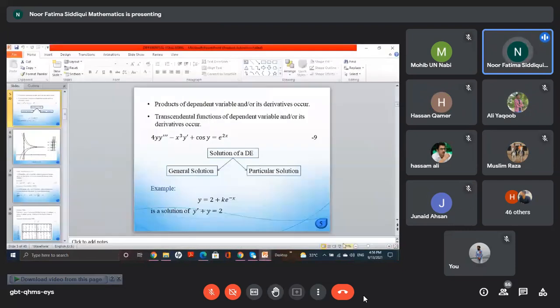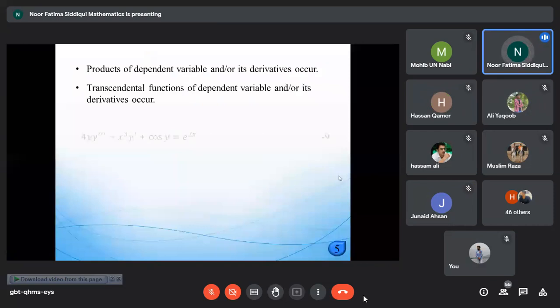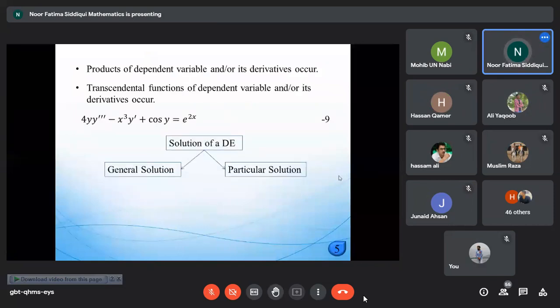Let's move further. We were discussing so far linear and non-linear differential equations. Now, the solution of a differential equation. If we simply talk about the solution of an equation, we know that the solution is a value. For example, y is equal to 4 plus 2y.